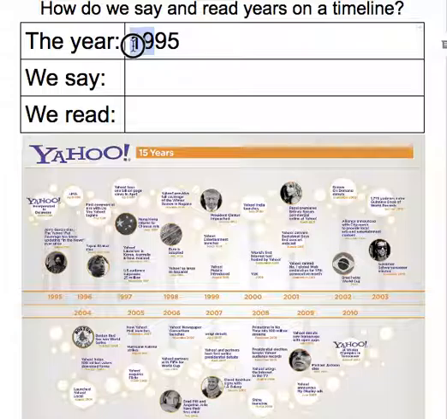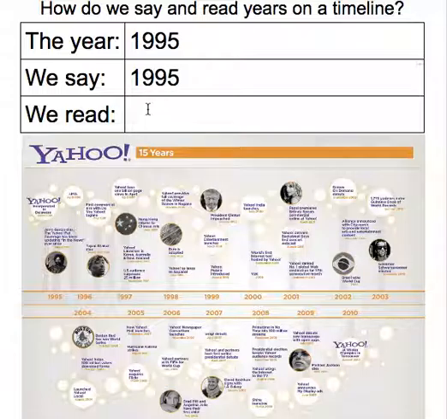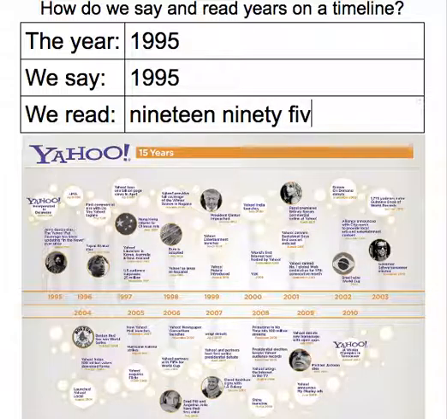Okay, again, we say the first two numbers first, 19, and then we say the second two numbers, 95. We put those together and we say 1995. Okay, and you can see these numbers are together on the timeline.